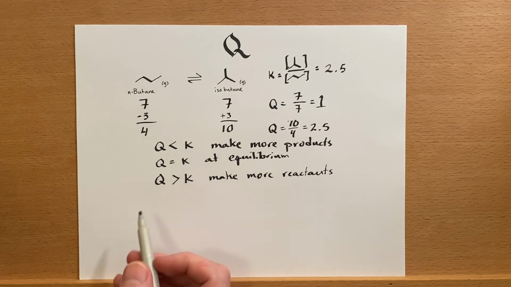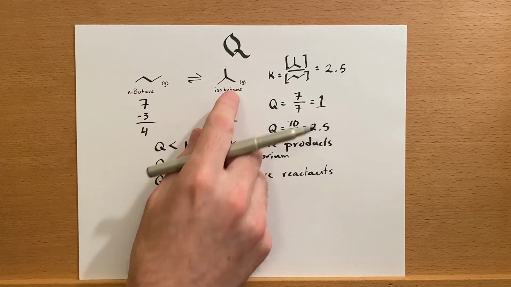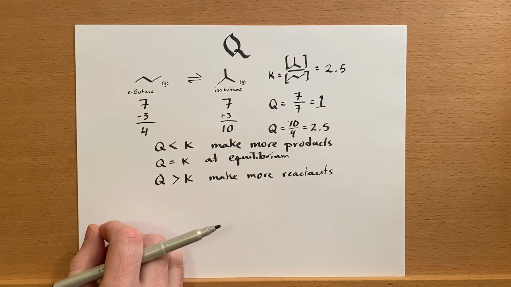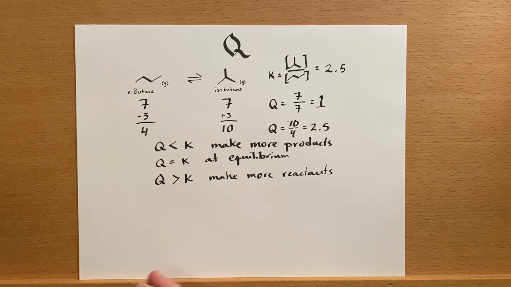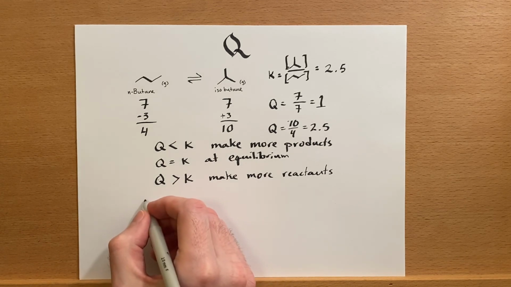So, as an example, we'll use our same system, butane and isobutane, but now instead we're going to purposely set it up so that we have too many products, and we'll see how that plays out.